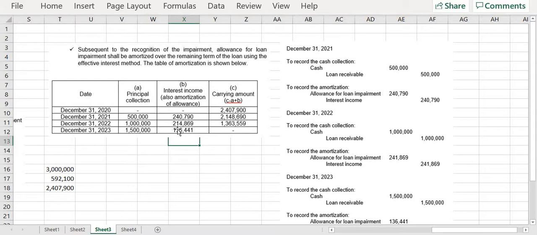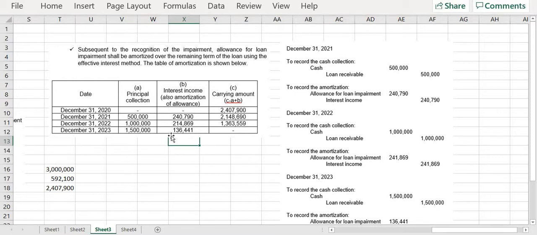Yung makukuha mo dito, tapos na interest income, and then i-deduct mo siya sa principal collection, it will not equal to 1,363,559. Okay? Kaya yung gagawin is that, kunin mo na lang yung difference, no? So, para makuha si interest income for 2023, gawin natin is that 1.5 million, ito yung last principal collection in 2023.